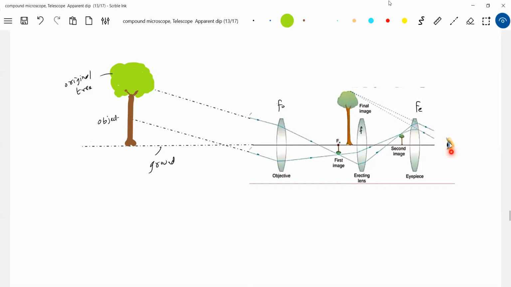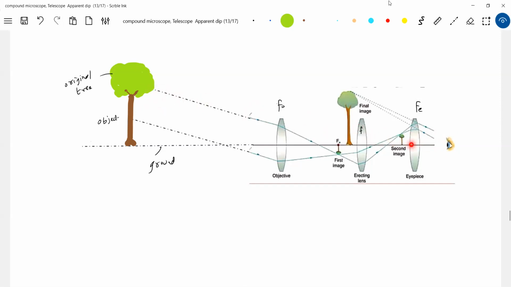So I am seeing the erect image, and you can say, sir, this is bigger in size, or still smaller. But look at the angle. What is the trick here you have to understand? You look at the eye, put it like this, what is alpha? Alpha will be very small. What is the angle subtended?